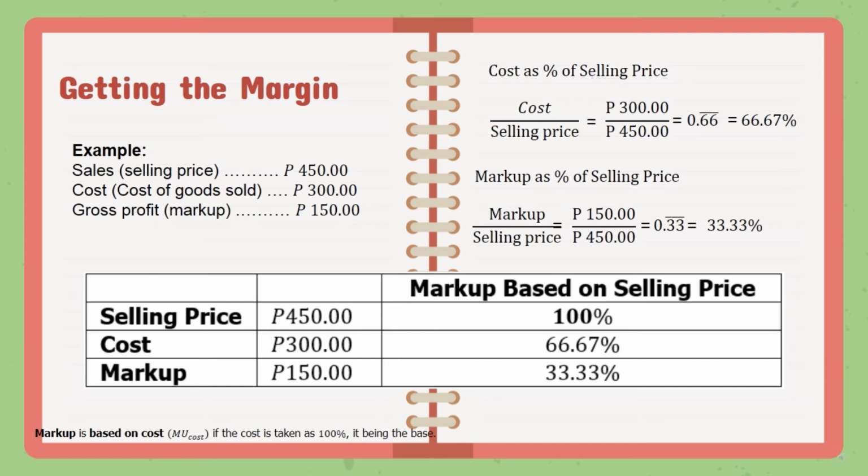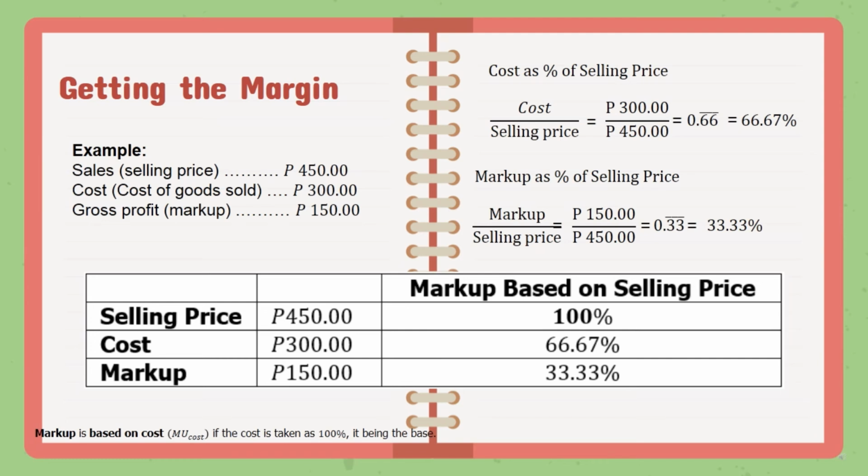Pag sinabi natin 0.66 repeating, that is a non-terminating number which is comprised of infinitely many 6s. So you will have this as 66.67%. Ganun kalaki ang portion ni cost kay selling price.